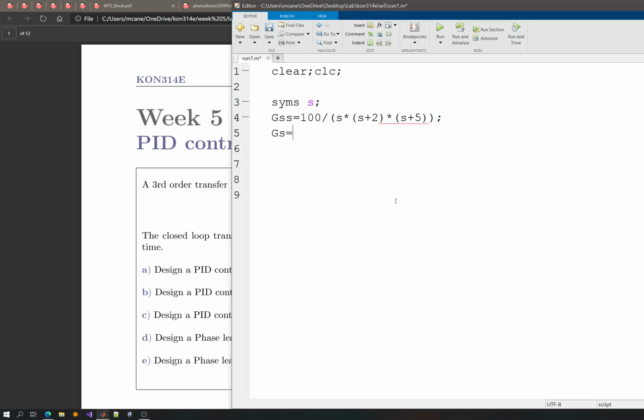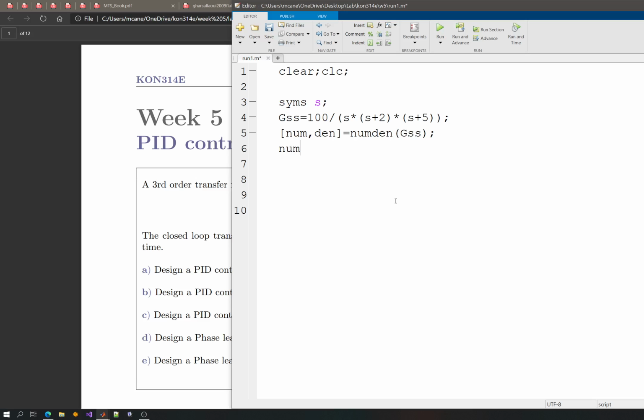Now, before I go ahead and do something else, I'm going to convert this automatically into a transfer function object by using numden of GSS, and then I will change the numerator into its coefficients and convert it into double.